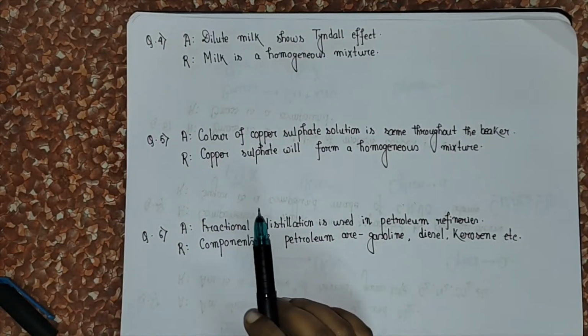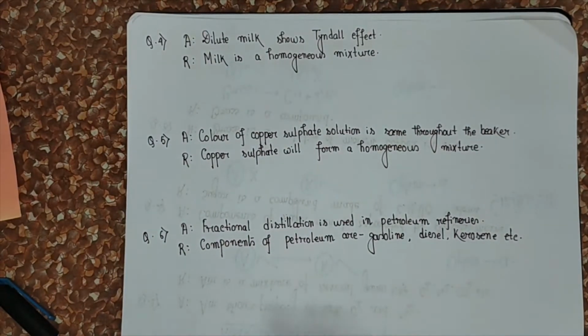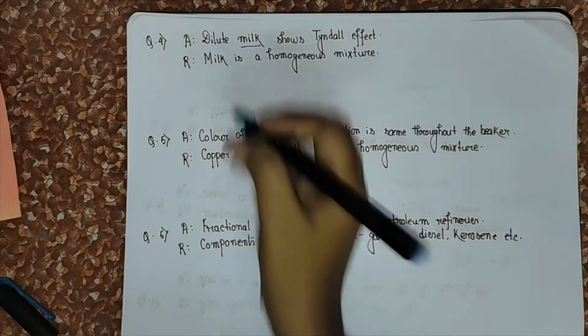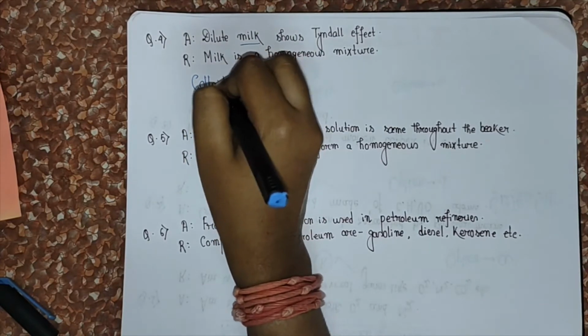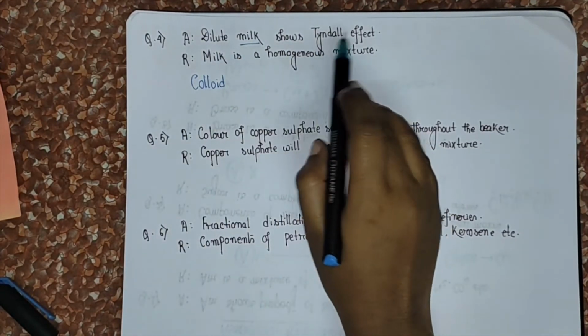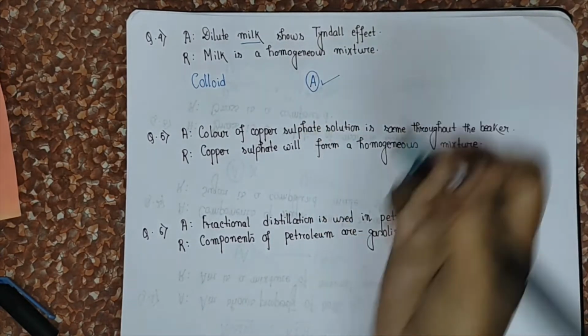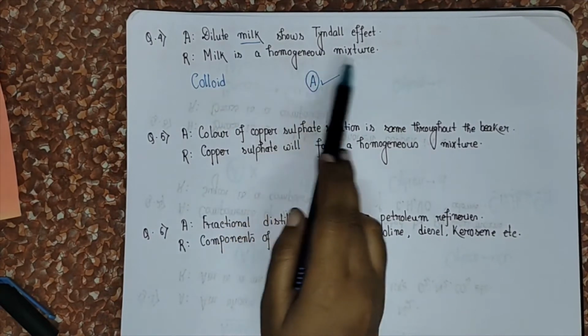Assertion: Dilute milk shows Tyndall effect. Reason: Milk is a homogeneous mixture. So this milk is one colloid. Milk is a colloid, and you know that only colloids can show the Tyndall effect. So the assertion here is correct. And what is the reason written here? That milk is a homogeneous mixture.